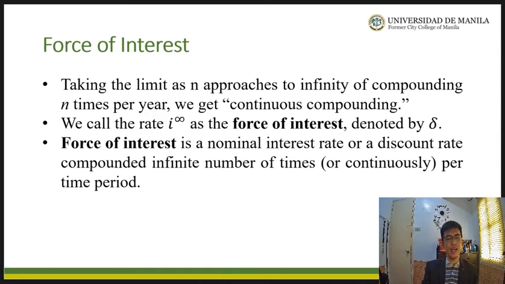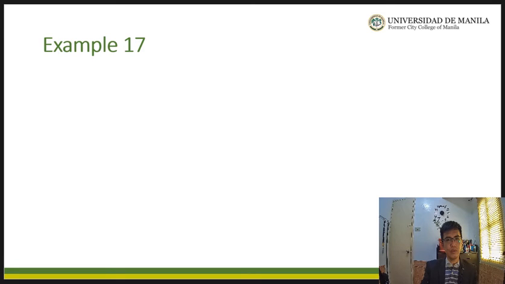Okay, sabi doon, the force of interest is a compound. You are compounding the nominal interest rate or the discount rate at an infinite number of times per time period. And so to understand that, let's have an example.